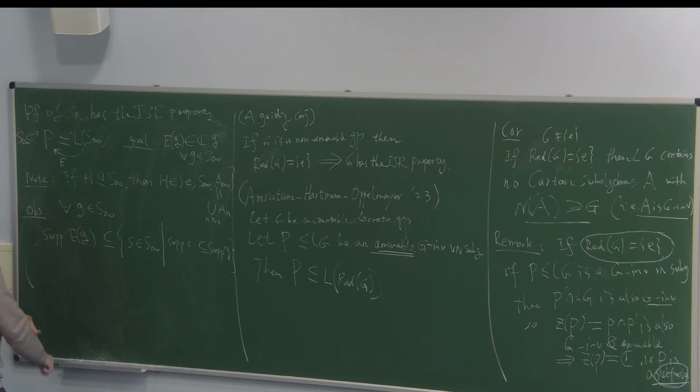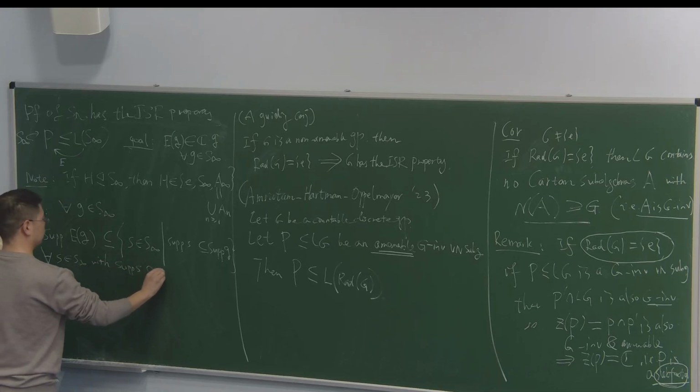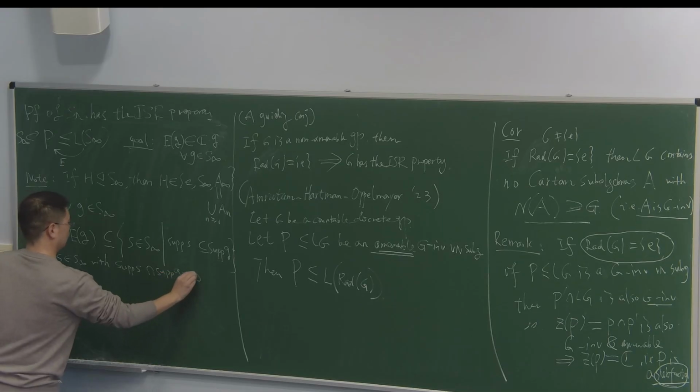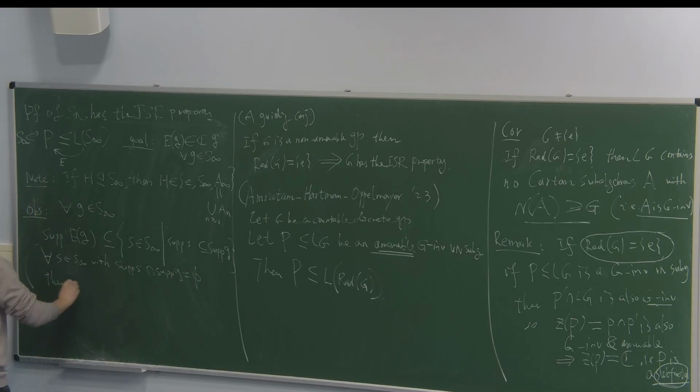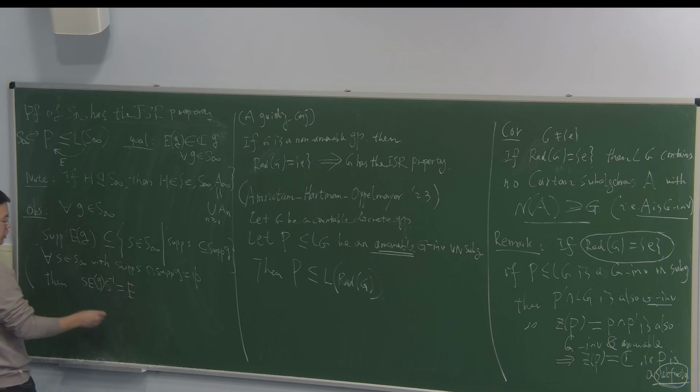The proof is quite simple. For any s in S_infinity with support of s disjoint from support of g, if you compute s E(u_g) s inverse, as we did last time, we can just move this conjugation inside the parenthesis.